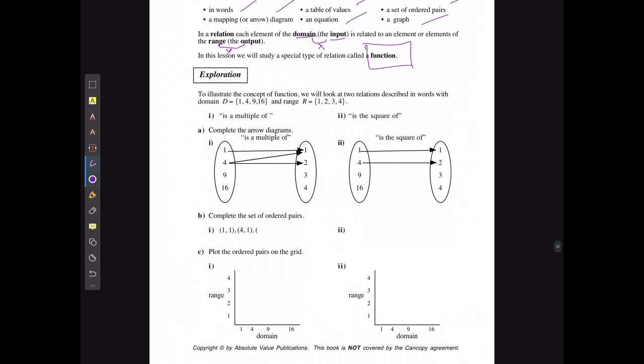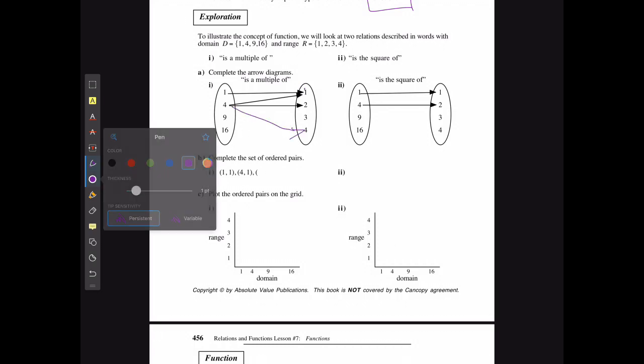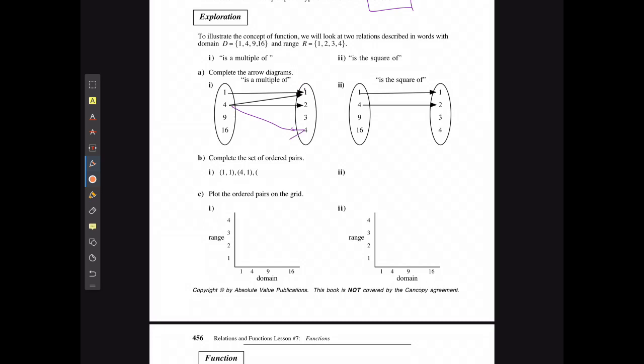So, when we're talking about a function, we're going to use this example, where we're going to have a domain of 1, 4, 9, and 16, and a range of 1, 2, 3, and 4. For the first part, we're going to complete the arrow diagram. "Is a multiple of." 1 is a multiple of 1, 4 is a multiple of 1, 2, and also 4. 9 is a multiple of 1 and 3.